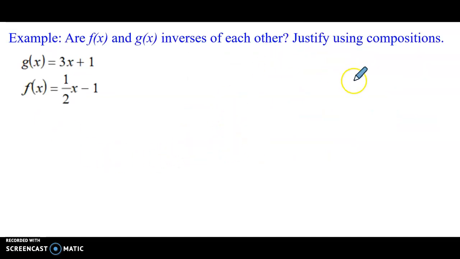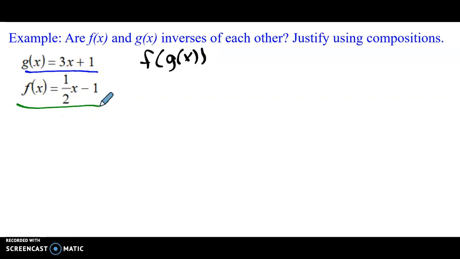We have g of x equals 3x plus 1. f of x equals 1/2 x minus 1. So we're going to try to see f of g of x. Starting with our function g of x, which is 3x plus 1, if I put that into f, let's see what we get.